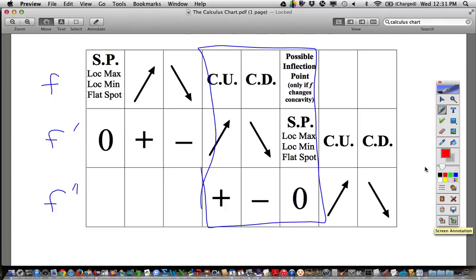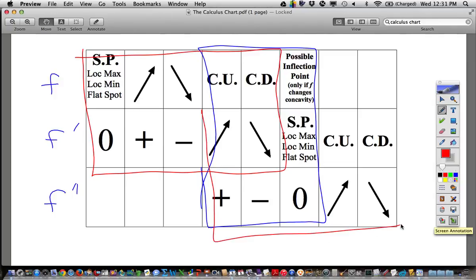The red section right here is exactly the same as this red section. Those two red sections are exact duplicates of one another. F and f prime, and then the bottom right red section is f prime to f double prime. Those are exactly the same.